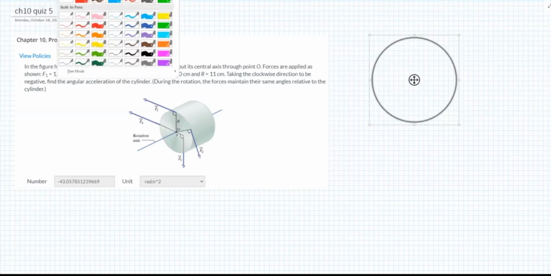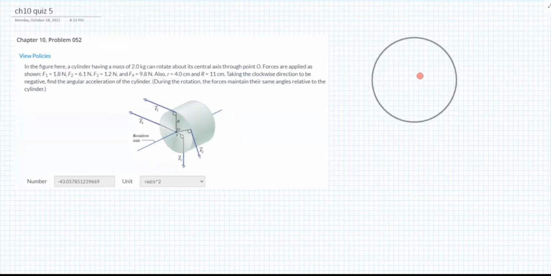This is my axis of rotation right there. I'm going to label it axis of rotation, AOR. That is the axis about which this flywheel spins. And I have 4 forces acting on it.